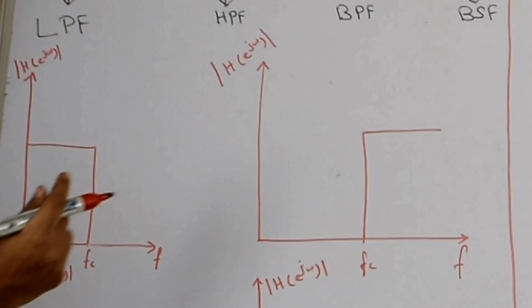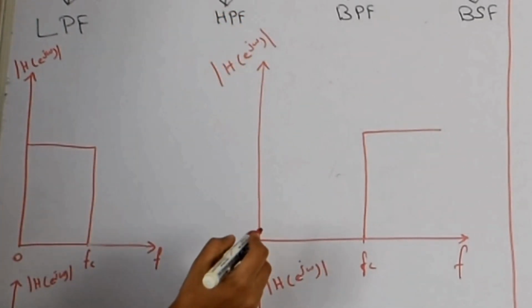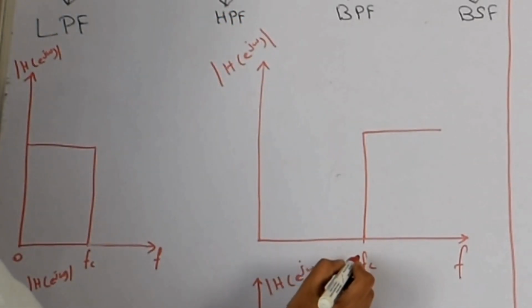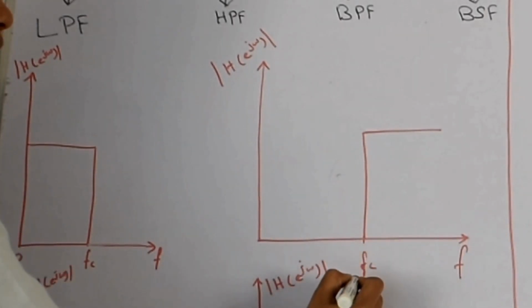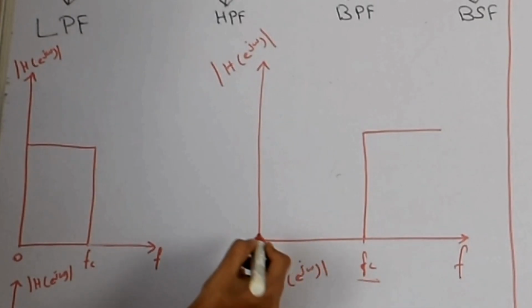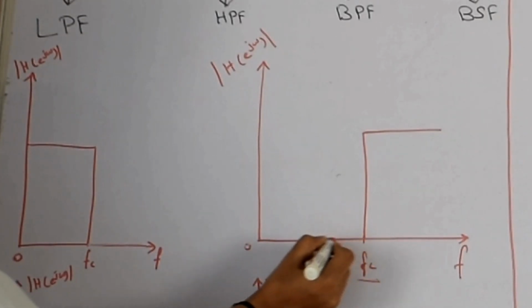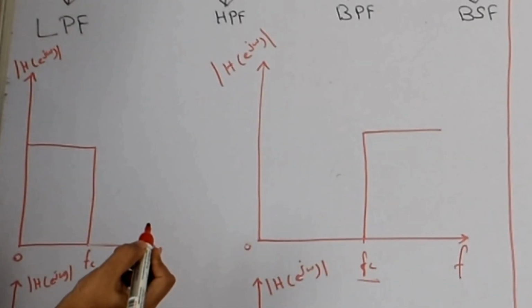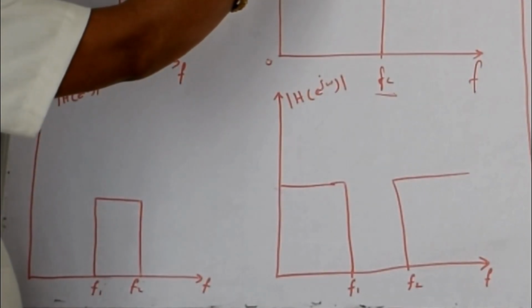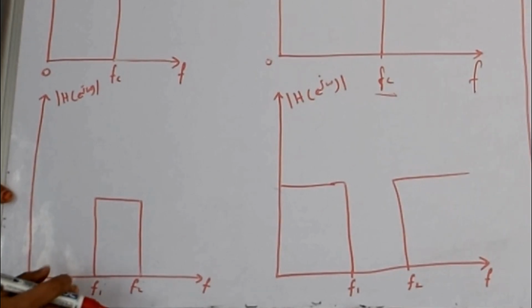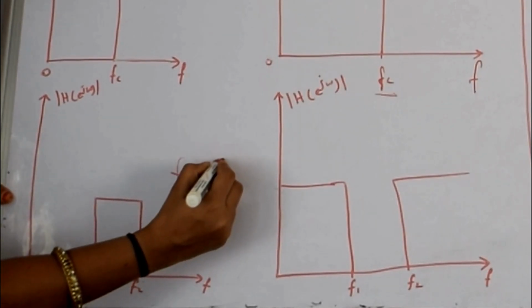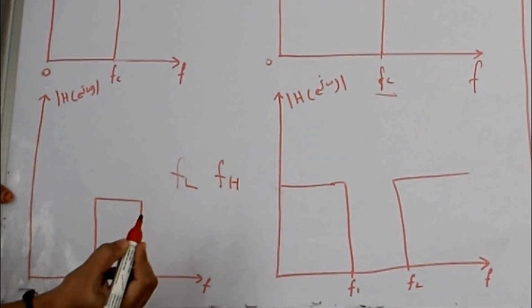Next one, high pass filter. Here it allows the frequency component which is greater than the cutoff range and rejects the frequency component which is lesser than the cutoff range. Next one, band pass filter. Here in band pass filter we will be having two frequency levels, which is low frequency and high frequency.